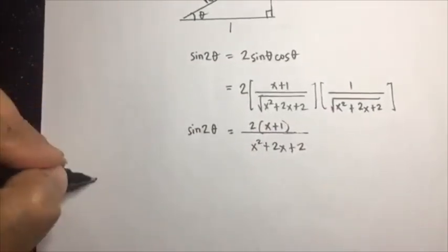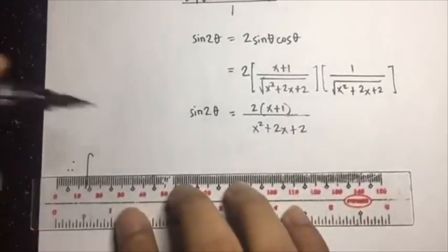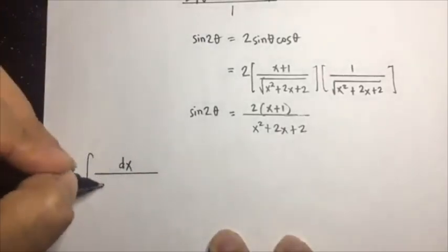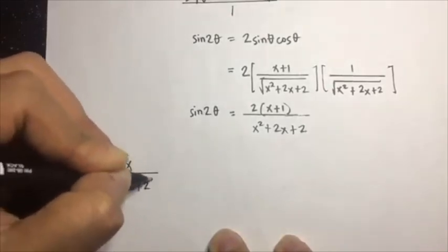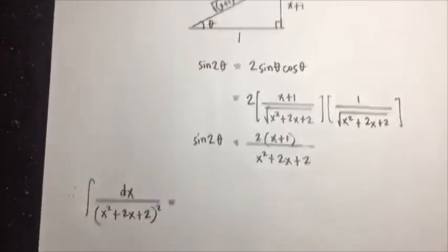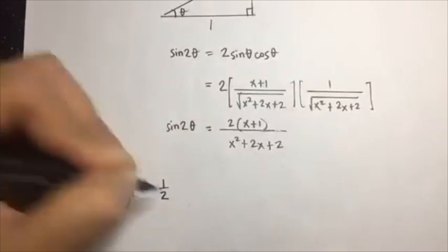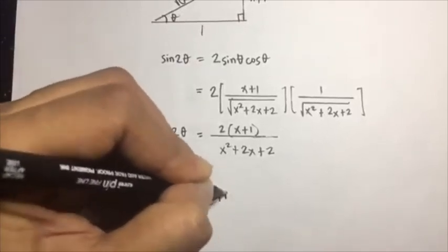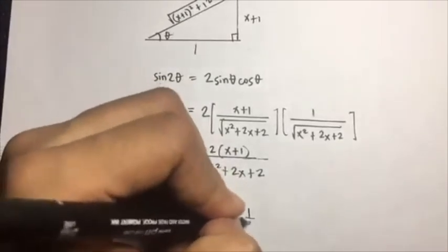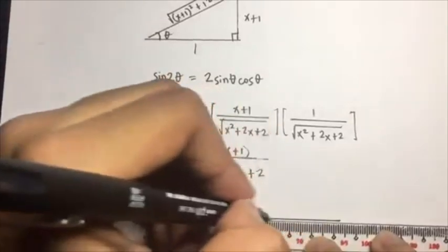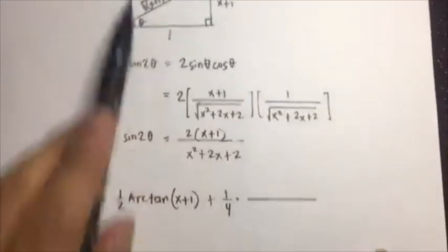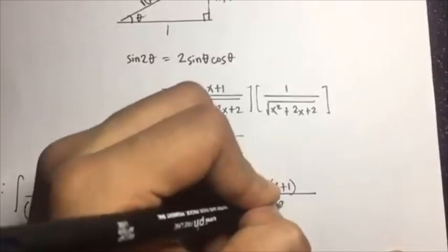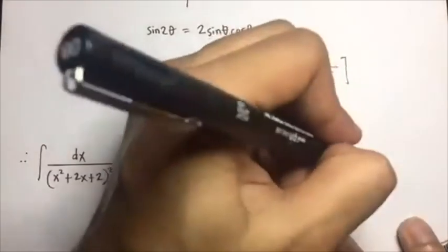So the integral of dx over (x squared plus 2x plus 2) squared is now equal to 1/2 theta, so 1/2 arctan of x plus 1, plus 1/4 sine 2 theta, which is 2 times x plus 1 over x squared plus 2x plus 2, plus c.